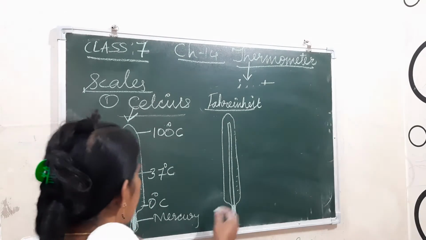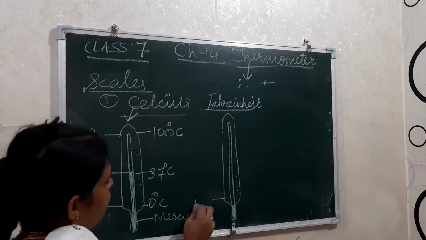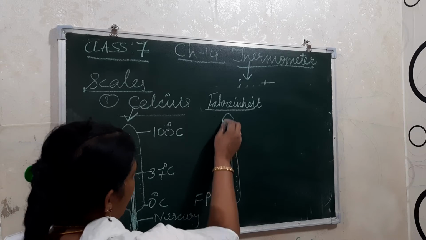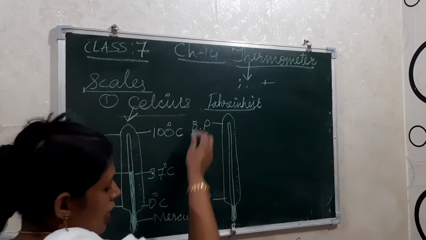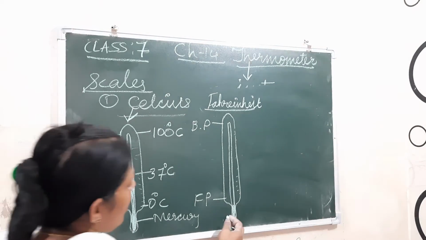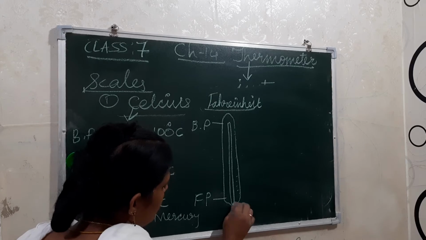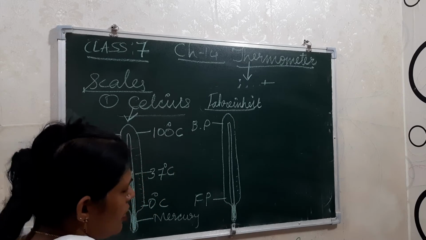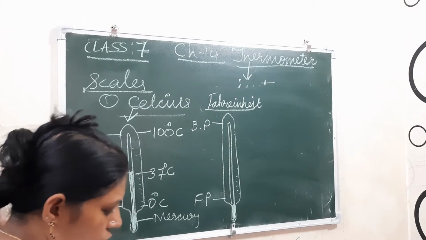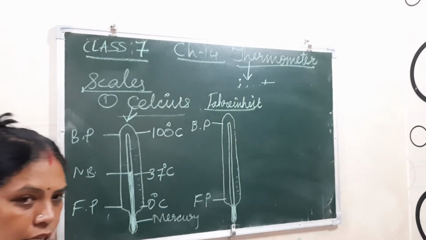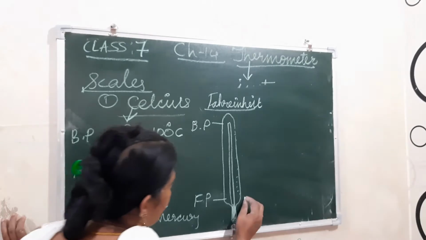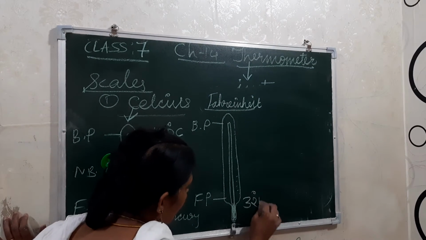This is the water freezing point, and here is the upper point, that is the boiling point. And the normal reading here, that is 32 degree Fahrenheit.